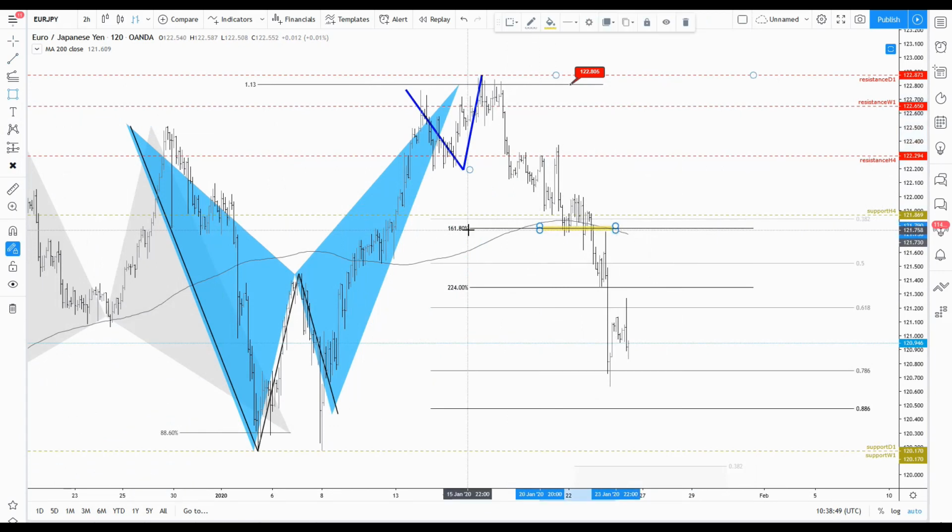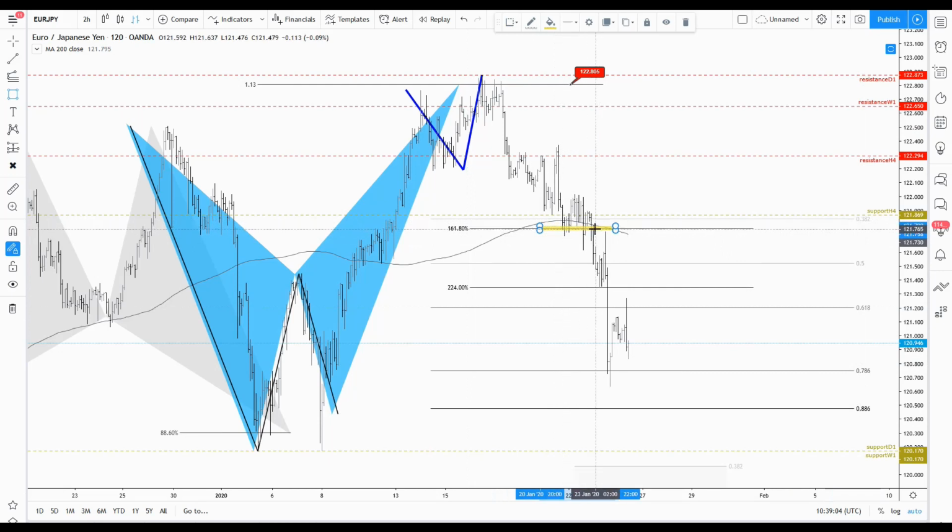First of all, the 1628 extension, with the 200 moving average crossing those levels also at that point. And the 38% fib, also the major Fibonacci retracement, nice support there.